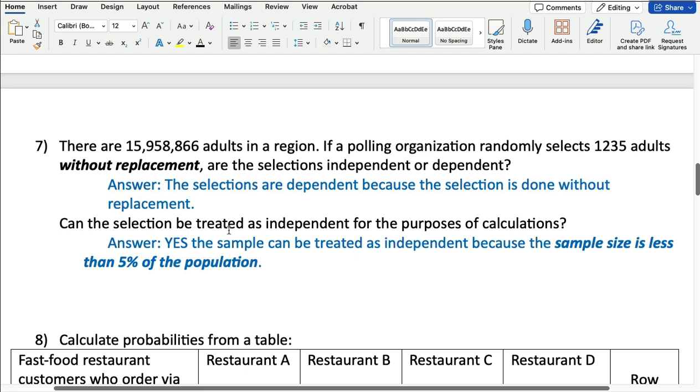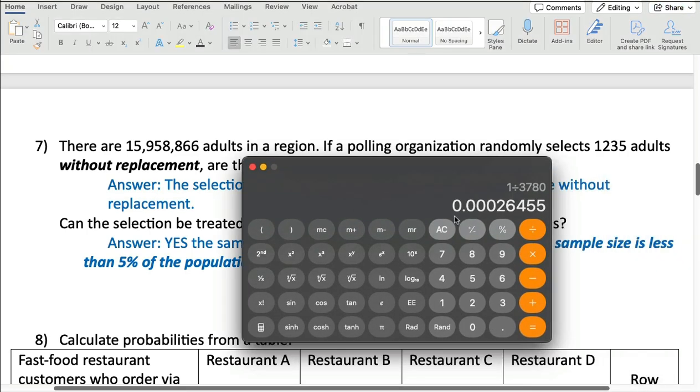However, there's a however here. Can the selection be treated as independent for the purposes of calculations? And the answer to that is yes, because the sample size is less than 5% of the population. So what you would do there is divide 1,235 by the 15 million, 15,958,866. Is your sample size significantly smaller than the overall population that you are studying?